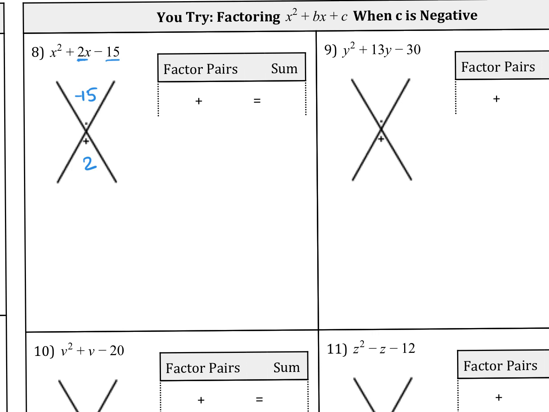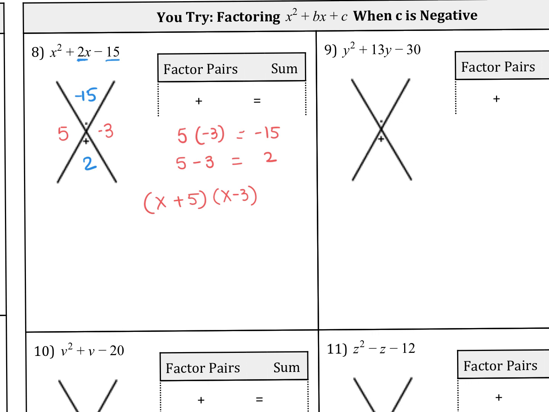So the numbers should be 5 and -3. 5 times negative 3 is negative 15, and 5 minus 3 is 2. So the two numbers are 5 and -3. Write it into factor form. So you're going to get (x plus 5)(x minus 3).